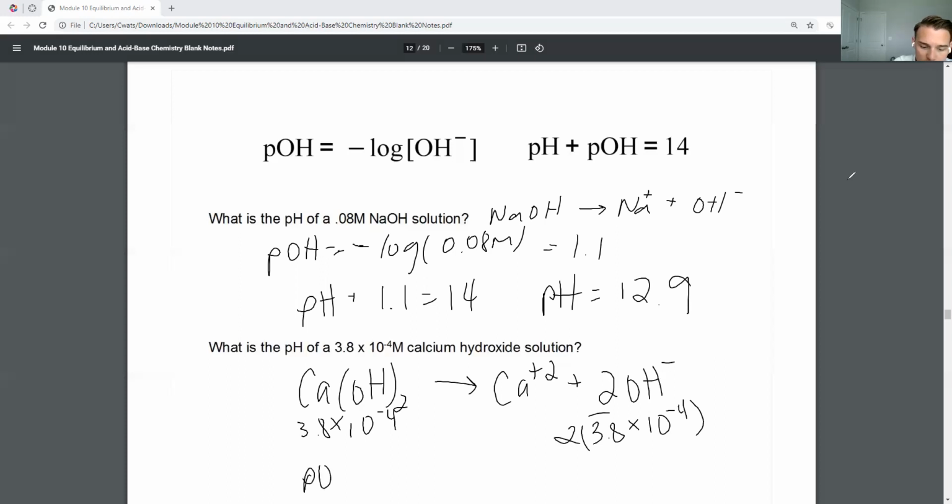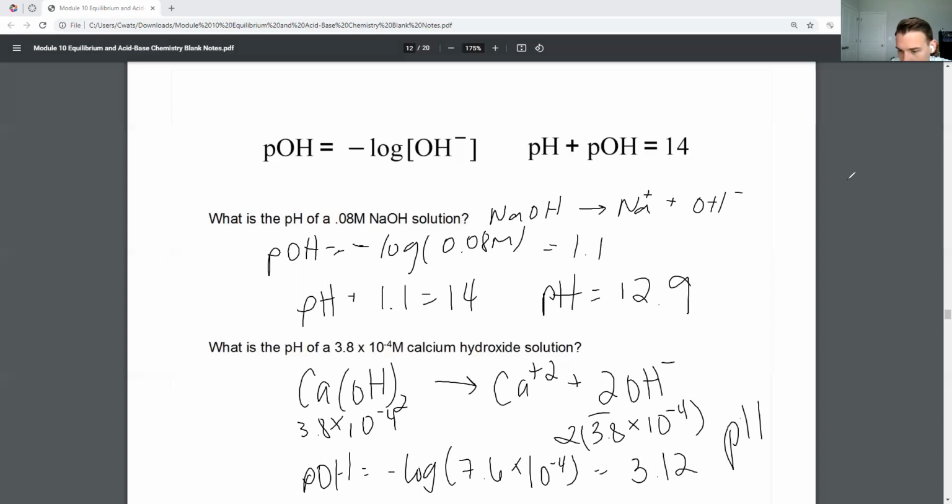So to calculate the pOH, it's the negative log of 7.6 times 10 to the negative fourth, which gives me 3.12, and therefore the pH is 10.88. So pay attention to your balanced equations because not everything is in a 1-to-1 ratio, and therefore you're going to have to do something a little bit different.